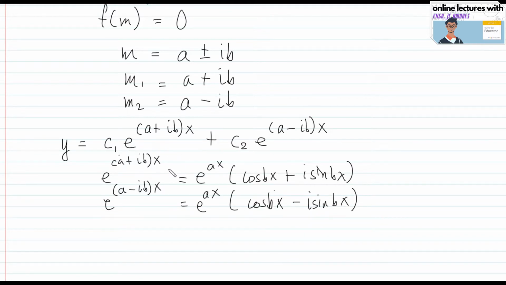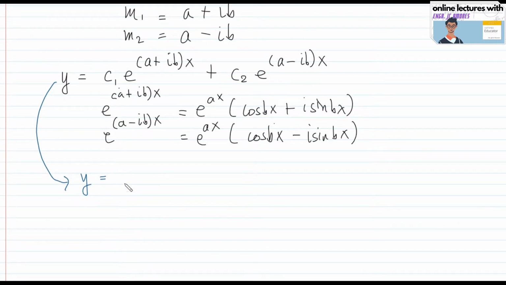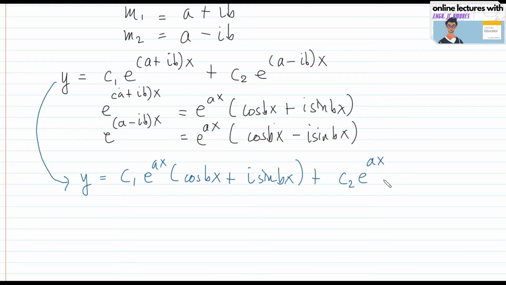If we substitute that to our solution, it will be simplified as y is equal to c sub 1 e raised to ax times the quantity cosine bx plus i sine bx, plus c sub 2 e raised to ax times the quantity cosine bx minus i sine bx.